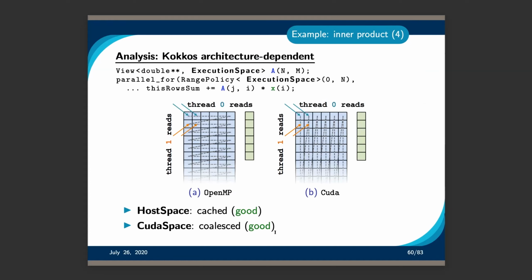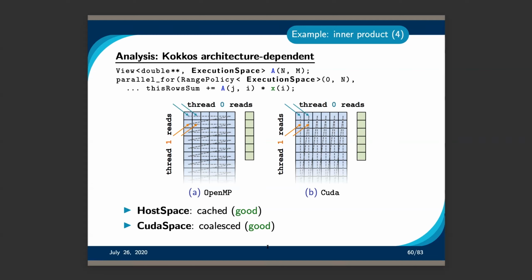And that's what happened in that example. The CUDA space by default uses LayoutLeft, while the CPU architectures use LayoutRight. That means you're getting column major on the GPU, and row major on the CPU.